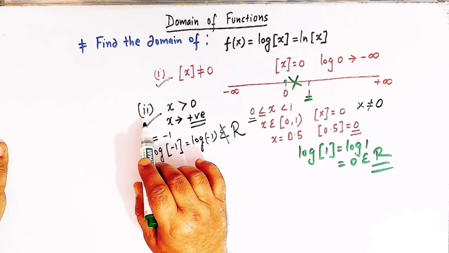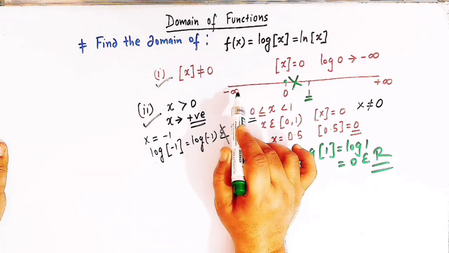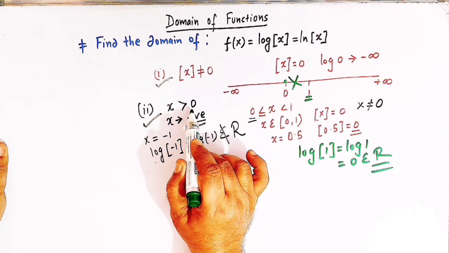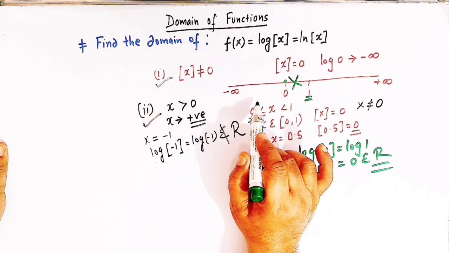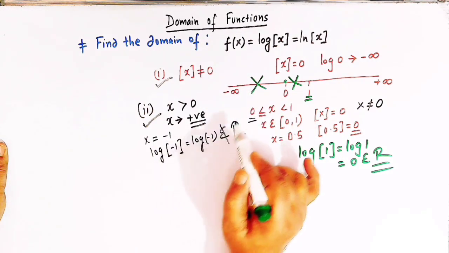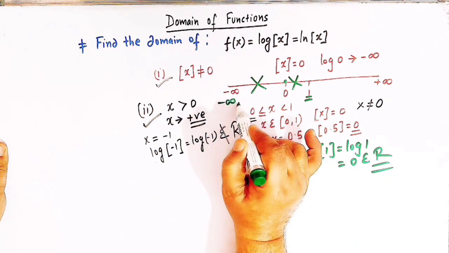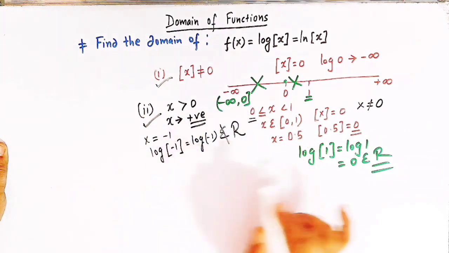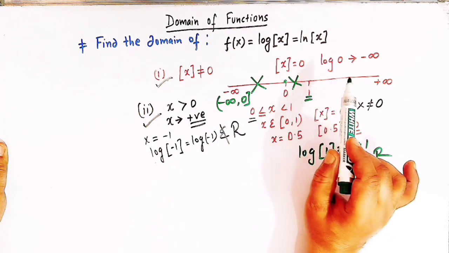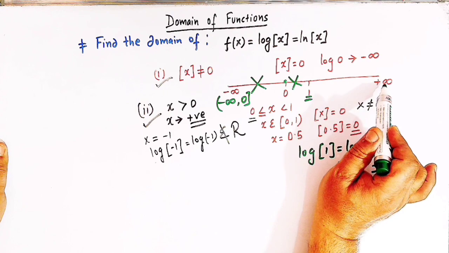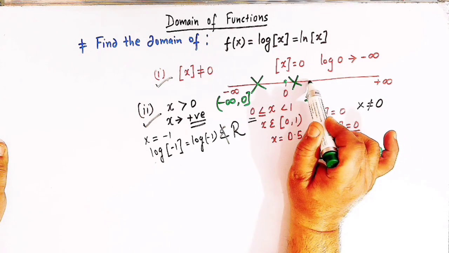And we have said in the second point that x should be greater than 0. It means x cannot be a negative number. So we can discard this interval also, that is from minus infinity to 0, right? And so we are left with only this interval, that is from 1 to infinity. 1 is included here, right?